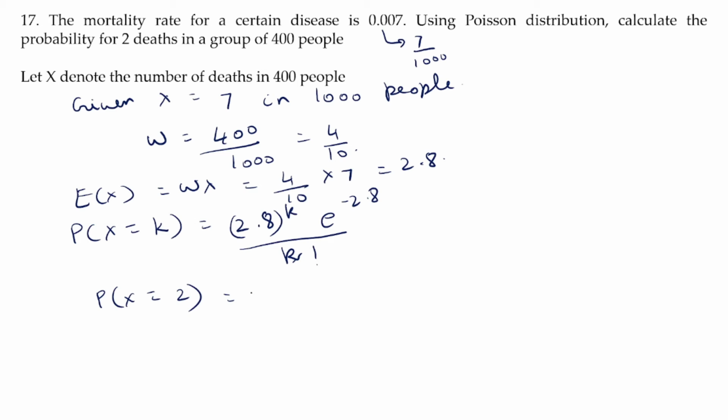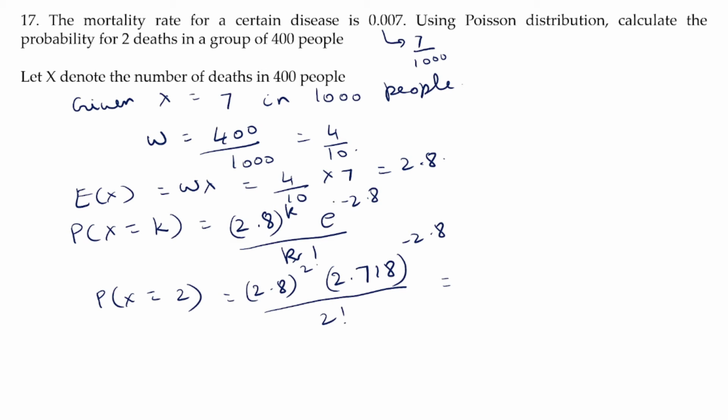So it is equal to 2.8 the whole square into e raised to minus 2.8, where e is the Euler's constant, 2.718, upon 2 factorial. Since using log tables is there in the class 12 syllabus, we can also use log tables to find the value of this expression.